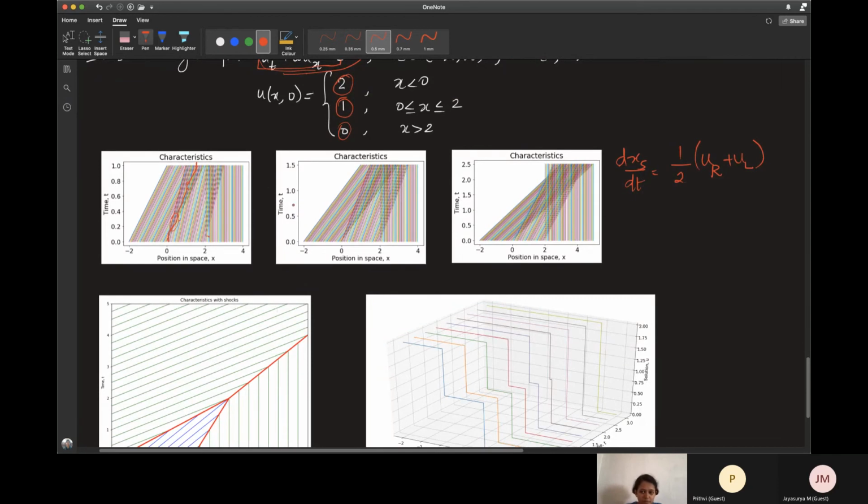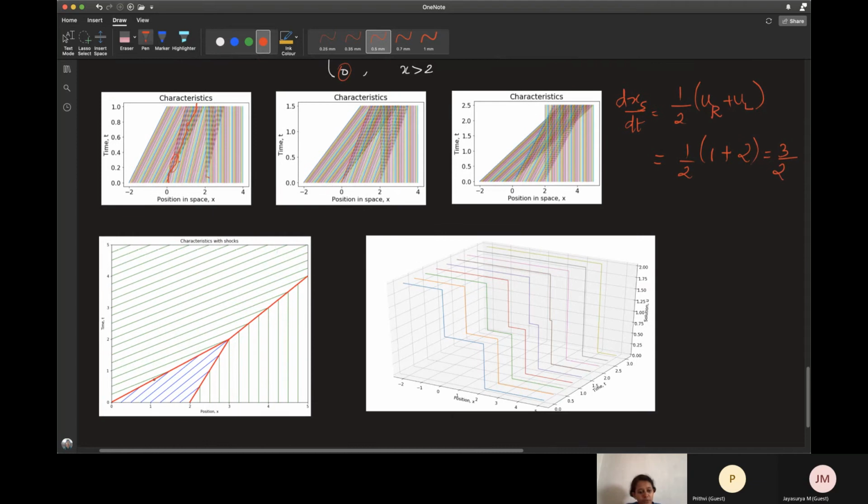Now for this discontinuity, to the right side your solution ur is 1, and to the left side you have the solution to be 2. So now I have 3 by 2. So the speed of this shock is 3 by 2.